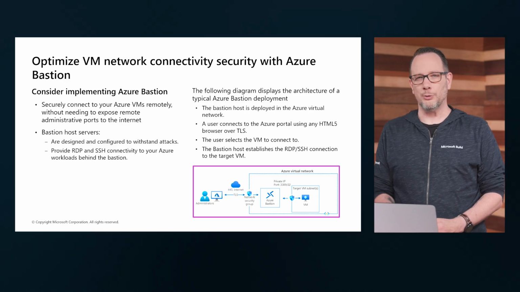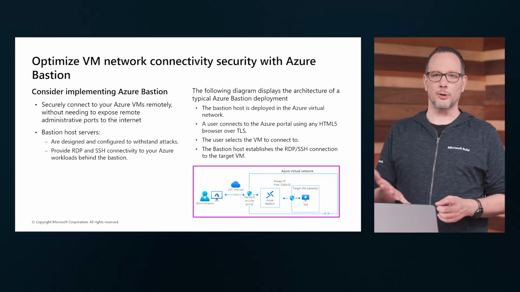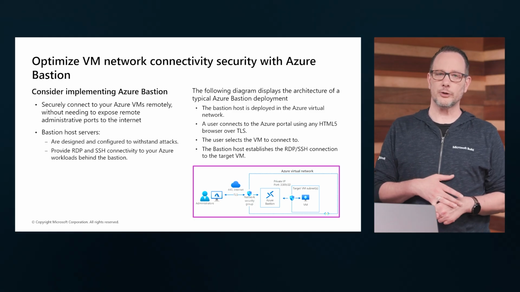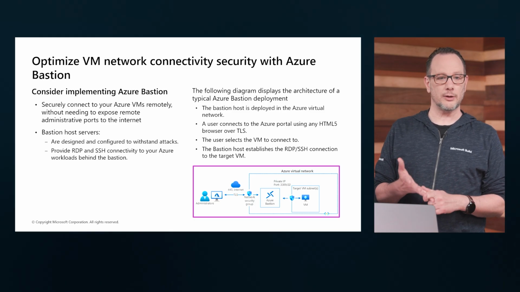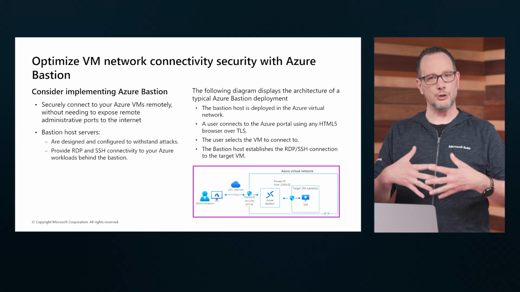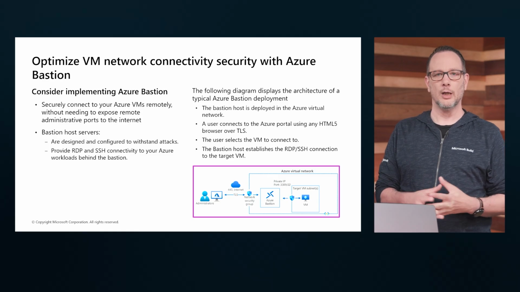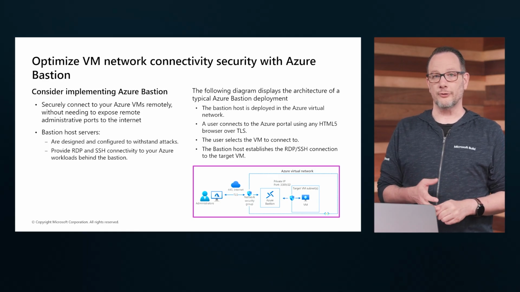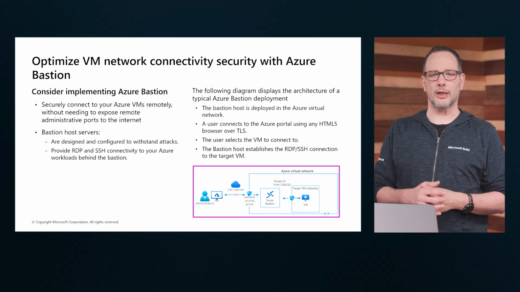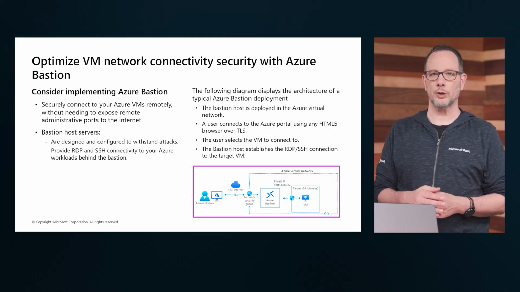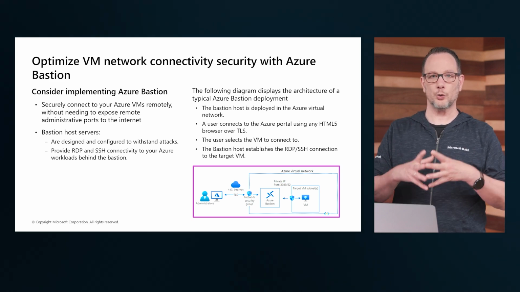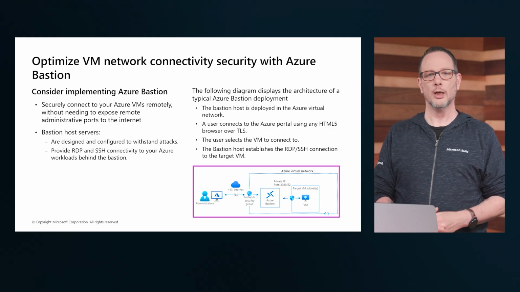It's not the only capability of Azure Bastion, but by design, if you look at this diagram here, the way it works is you deploy Azure Bastion as a service. It's part of Azure, it's not running on a VM, it's just a service in the platform. You need to deploy a specific subnet, so you're going to create an Azure Bastion subnet inside your Azure Virtual Networking, and from there you define the routing, the topology across your virtual network.